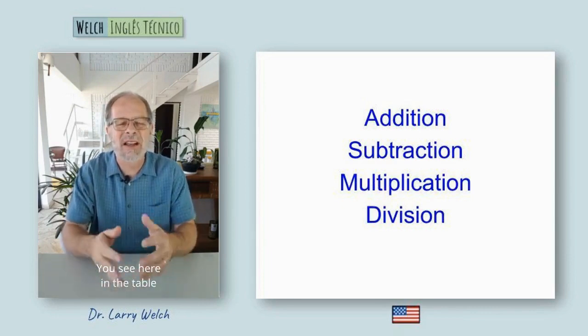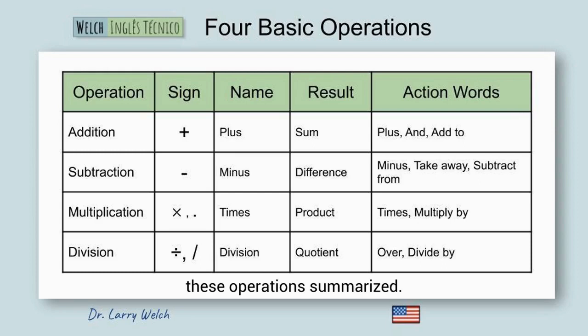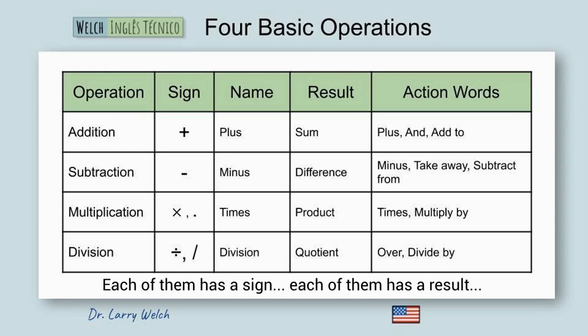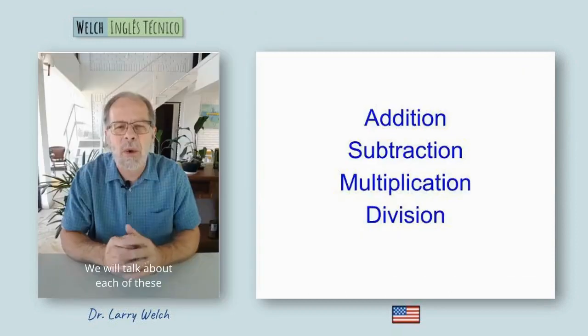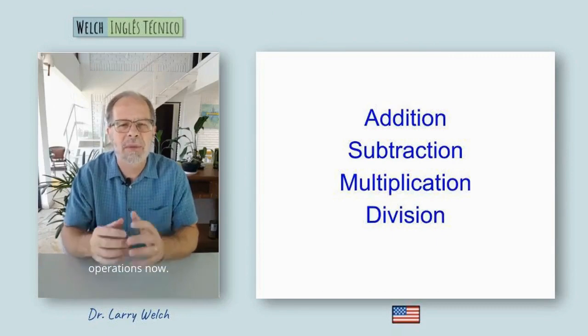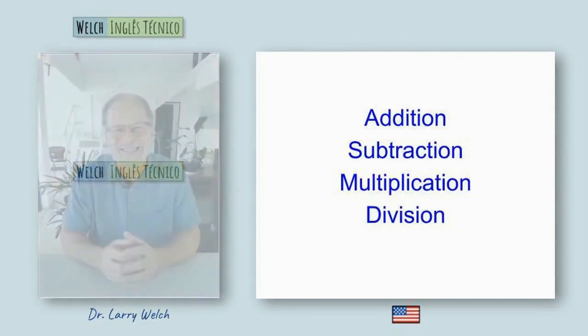You see here in the table these operations summarized. Each of them has a sign, each of them has a result, and each of them has certain words associated with them. We will talk about each of these operations now.